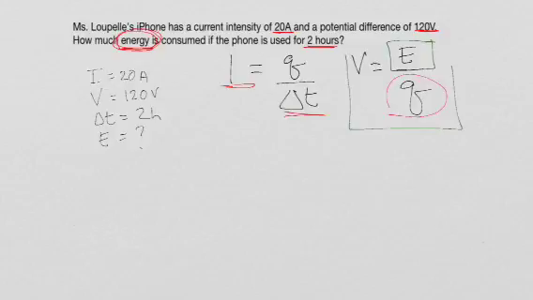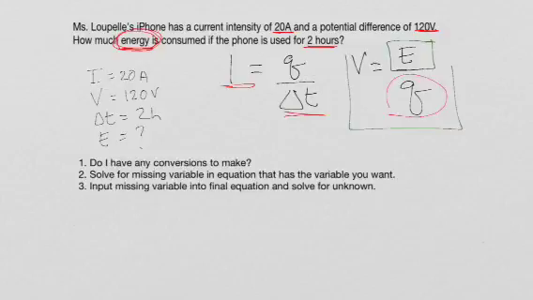So step 1 in solving this is, do I have any conversions to make? Step by step, this is always how you should approach any combination problem. And you'll know something is a combination problem if it's worth more than 2 or 3 marks.